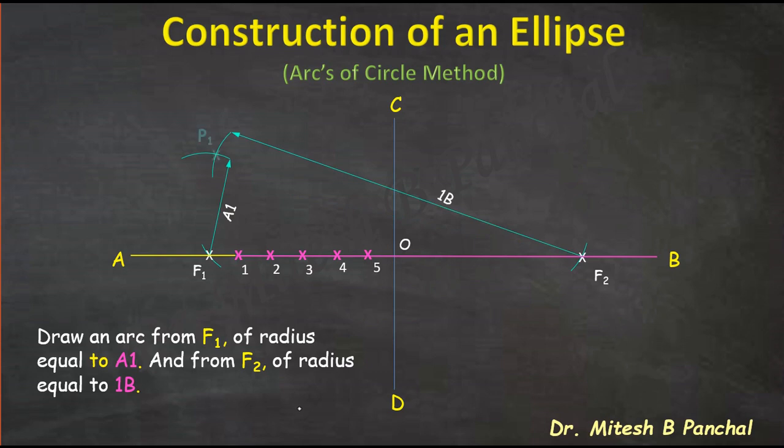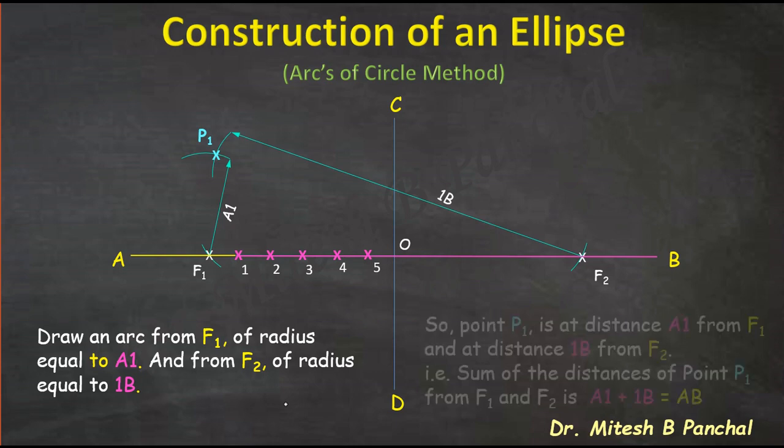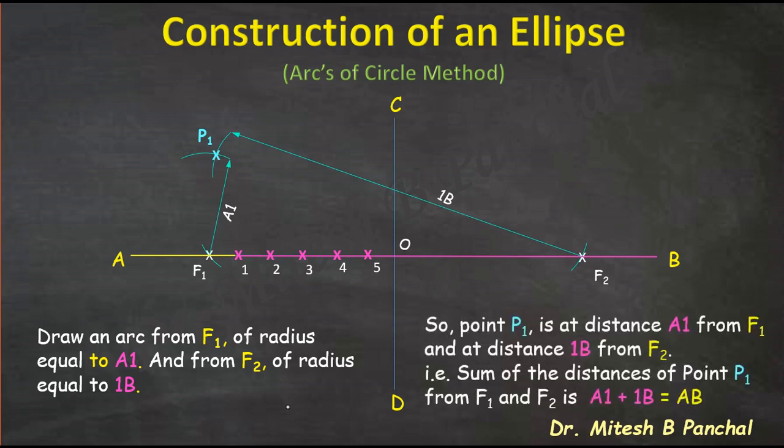So the intersection of these two arcs will be point P1. Now you look at this point P1: the sum of its distances from F1 and F2 is nothing but A1 plus 1B, that is equal to AB. Right? So we obtain point P1 such that the sum of its distances from the two focus points F1 and F2 is equal to AB. A1 plus 1B equal to AB.